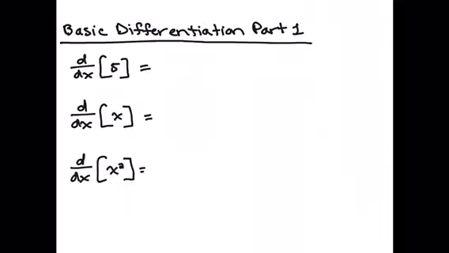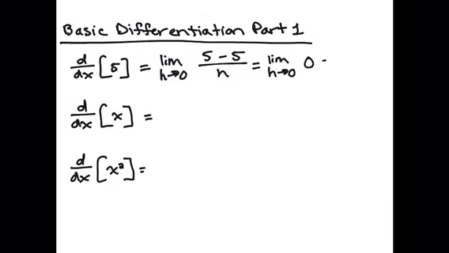So if I want to do the derivative of 5, to find f of x plus h, there is no x plus h to plug into, so we just get the limit as h approaches 0 of 5 minus the original function 5 over h. So this is the limit as h approaches 0 of 0, and we get 0.